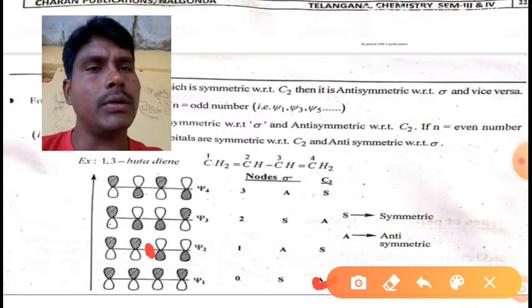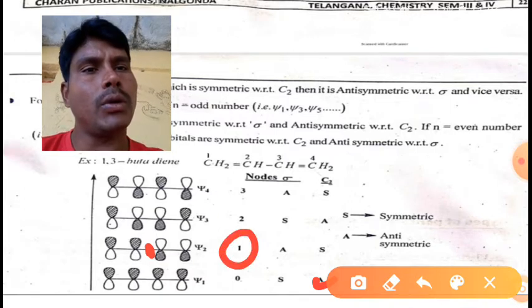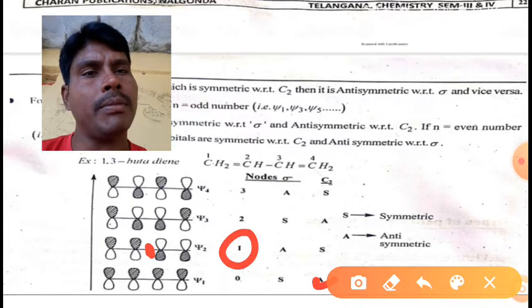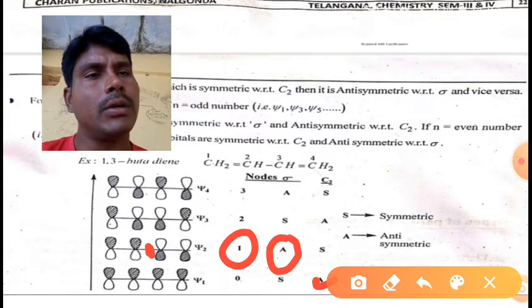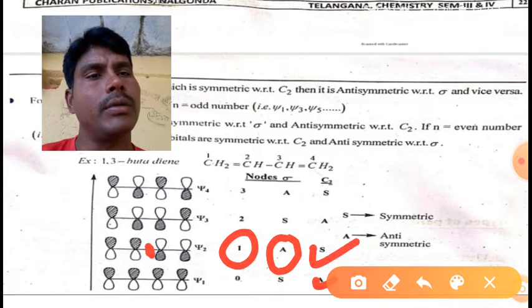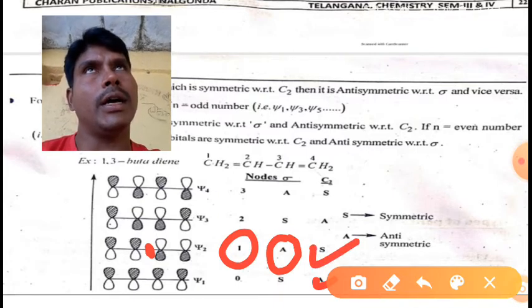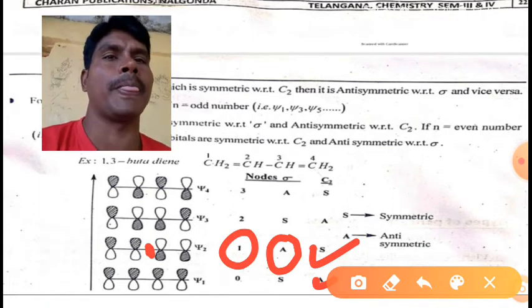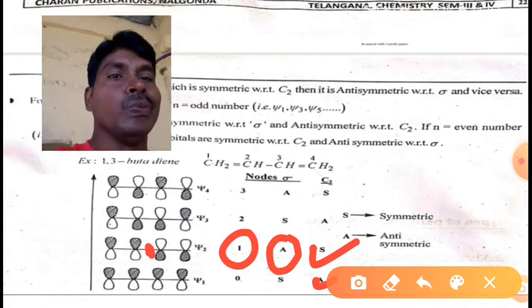With an odd number of nodes, the plane of symmetry is absent, so automatically the C2 axis is present in the molecule. One is absent, the other is present; one is present, the other is absent.